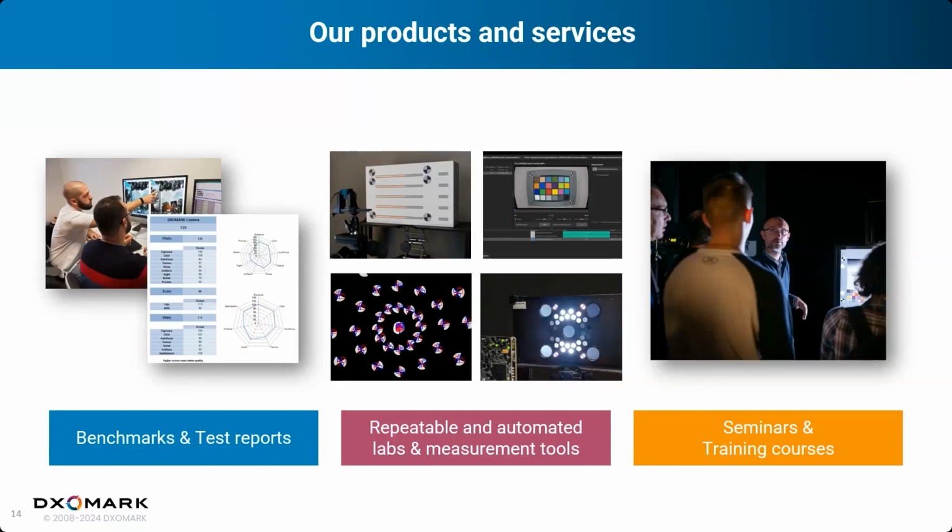To help for this benchmarking, we developed lots of hardware and software internally, so as to be able to generate all those results. And we do provide all this equipment and software to customers. And last, we have the academy, which consists of trainings and courses for people willing to improve their knowledge and skills in image quality.